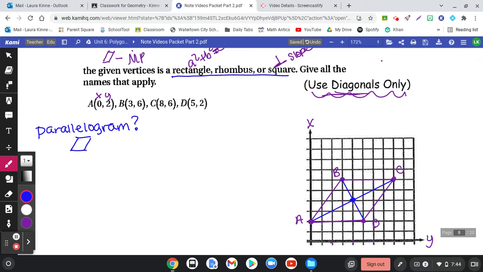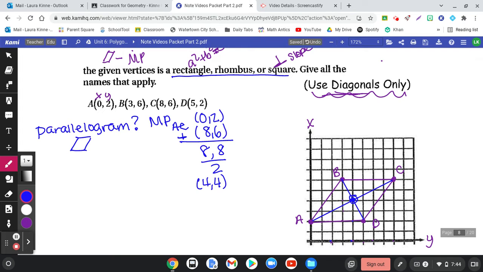So the midpoint, we'll just say MP, of AC is, let's see, we have 0, 2 and 8, 6. Remember, for midpoint, it's the average of the two, so 2 and 6 gives us 8, and then cut them in half. Because 8, 8 is not the midpoint, it's 4, 4. And if you look, that looks like it works.